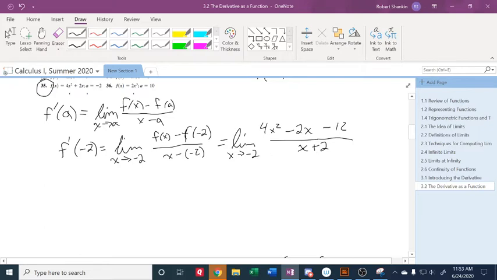Because if we plug negative 2 in, I'm going to get 16 minus 4 is 12, and the form would be 0 over 0. So then I have to factor this out.